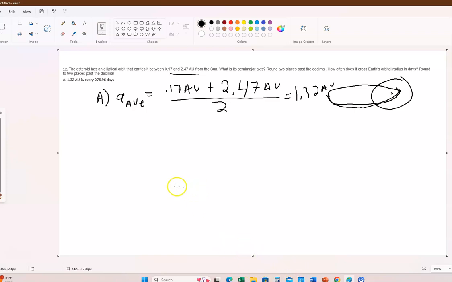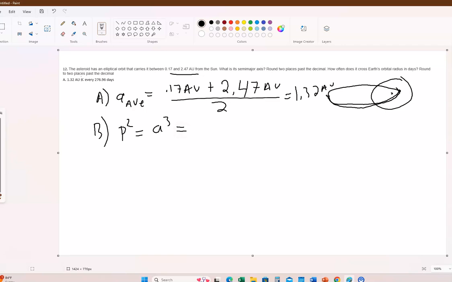With that in mind, how do we get the answer to part B? We just have to figure out what the period is, and Kepler's third law tells us. The period squared equals the semi-major axis cubed, and the semi-major axis, remember, is the average value.